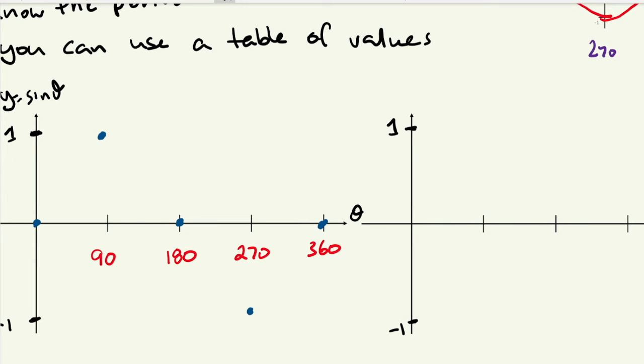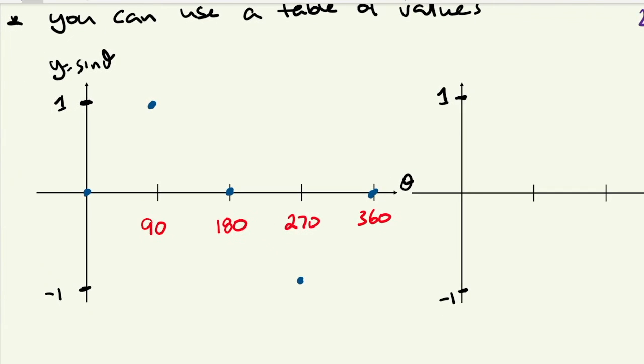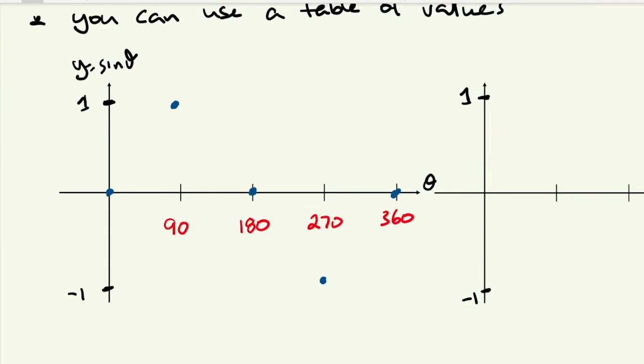Now, I can do a couple of little things here. I can actually draw just a straight line. Bang, bang, bang, bang. But that's not really what I want. That's going to be a completely different function altogether. I want a curvy line.